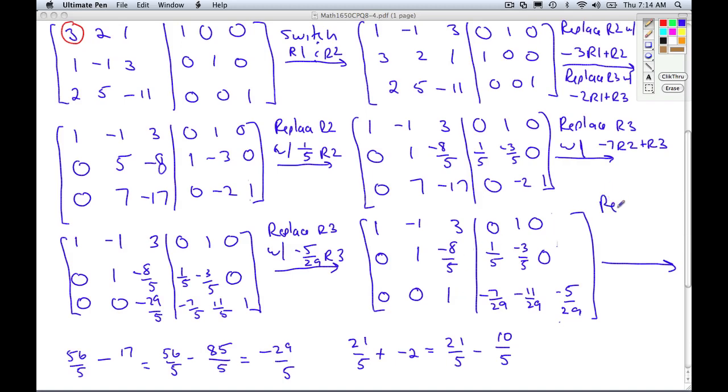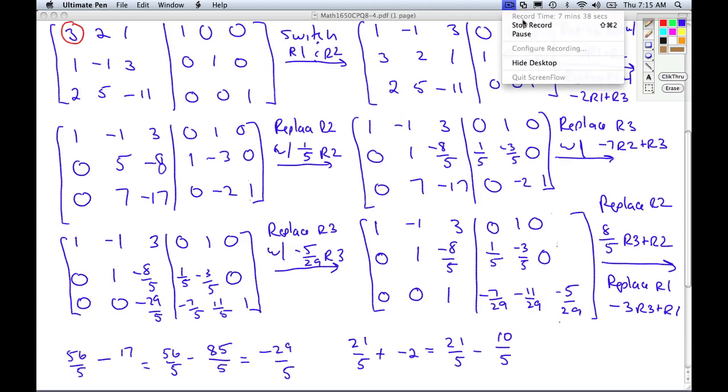So I'm going to replace row 2 with 8/5 row 3 plus row 2, and I'm going to replace row 1 with -3 row 3 plus row 1. So that's going to get me zeros above that.